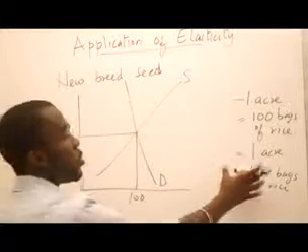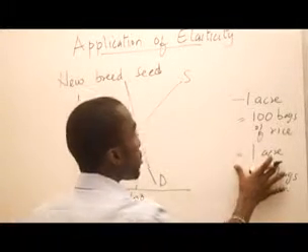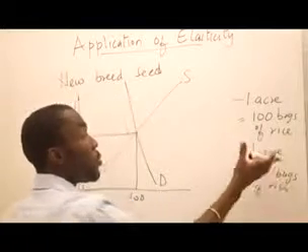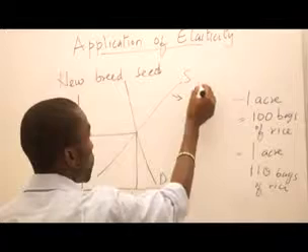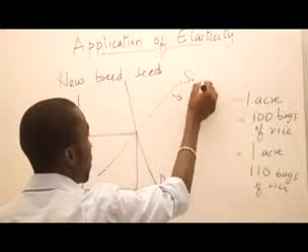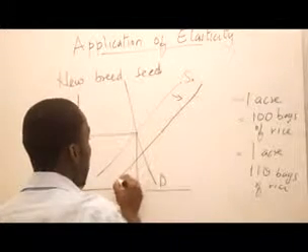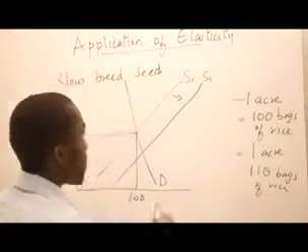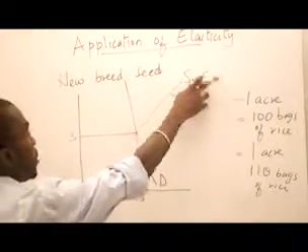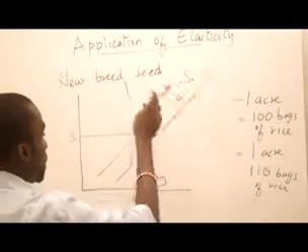With the use of the new breed, suppliers are able to supply more, which will shift the supply curve to the right, so that then you have a new supply curve shifting to the right. And this is because of the new breed used in the production.